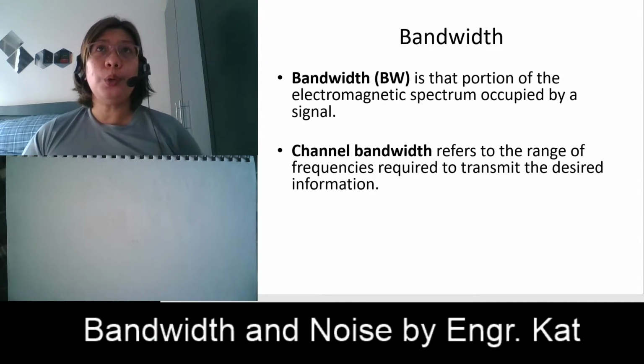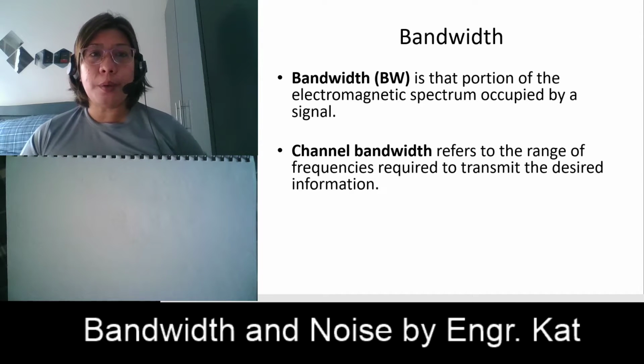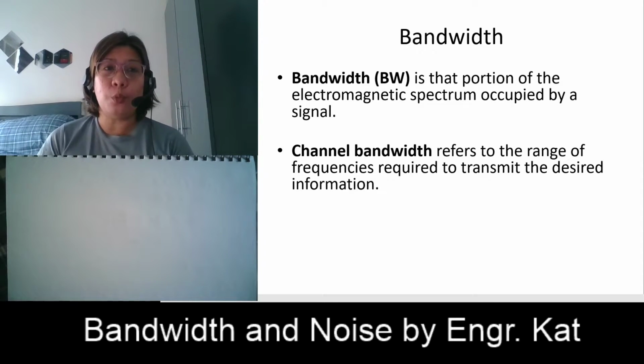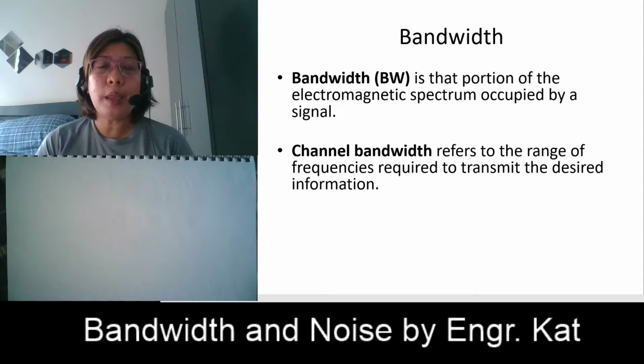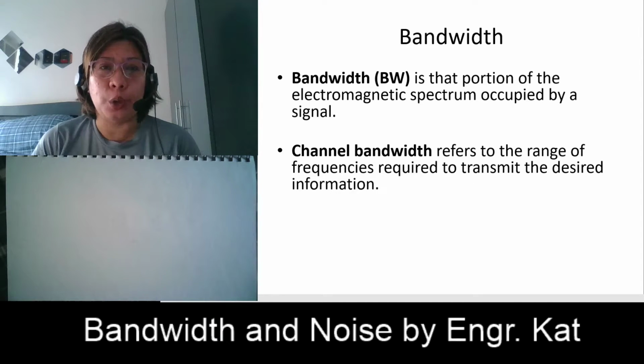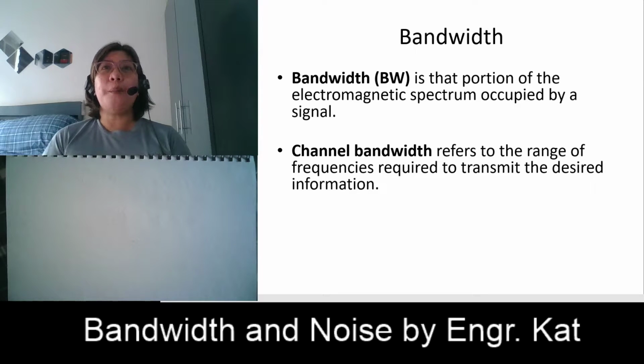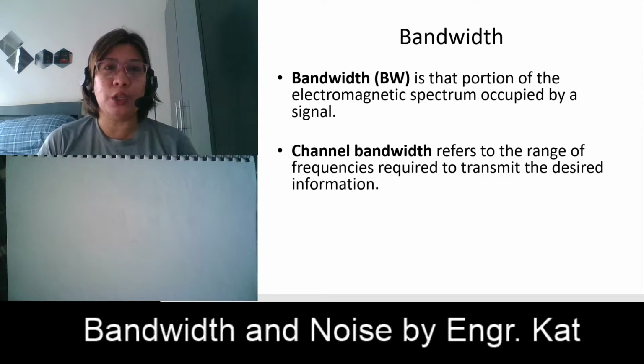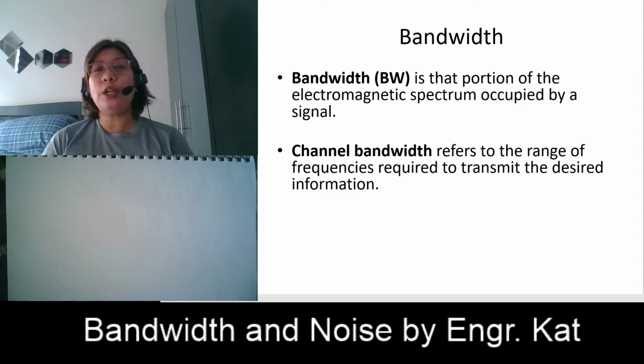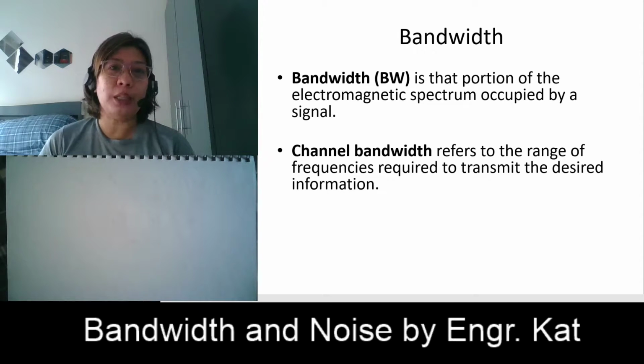Okay, so this time we will be starting with our main concern, which is bandwidth. Bandwidth is one important concern in our communication. The amount of information that you can send, or the amount of information that you can receive, is highly dependent on the bandwidth you are using.